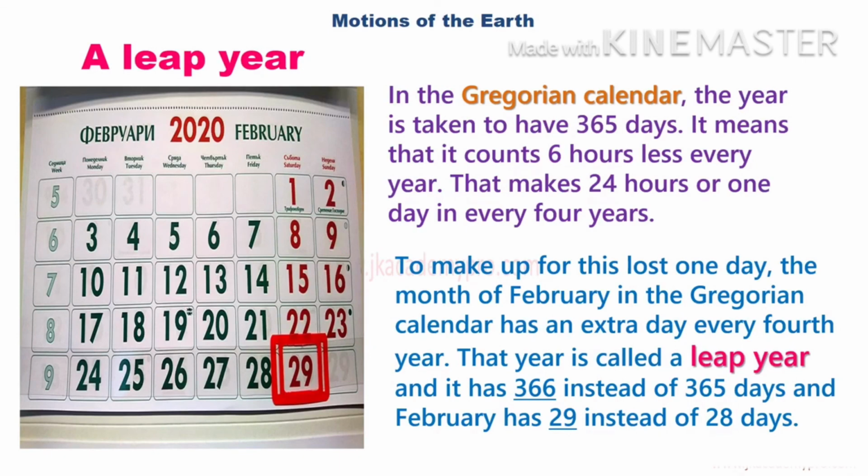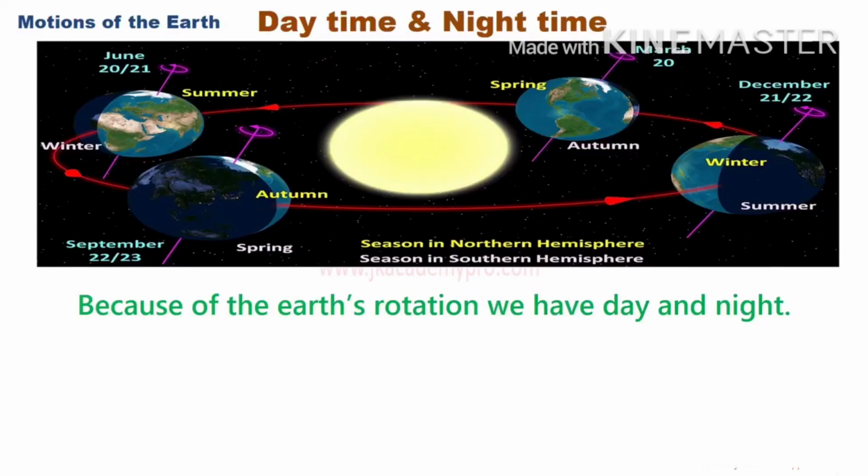This one extra day in February is because we are not counting those 6 hours every year. So 365 days plus 6 hours is one year, but we count only 365 days. To make up for this, we started the concept of leap year.